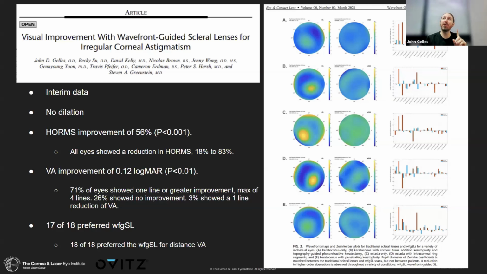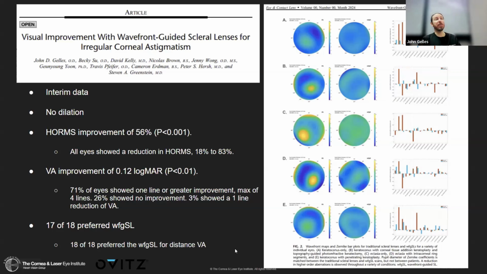The one individual who didn't prefer the wavefront guided lens was an individual who was presbyopic, I believe in their mid 60s or so. And their predominant aberration in their traditional lens was actually spherical aberration. So when we corrected their higher order aberrations, we eliminated their spherical aberration, which then reduced their near range.